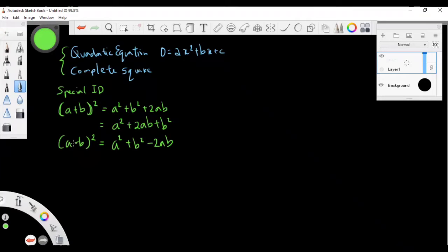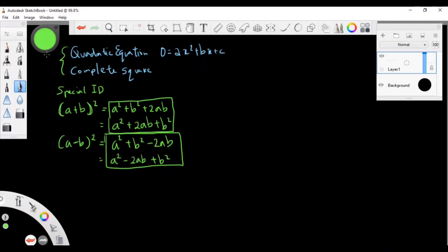For (a minus b) squared, the negative will be on the 2ab. Or you can just write it like this: a squared minus 2ab plus b squared. Either on the top side or the bottom side, you can choose either.